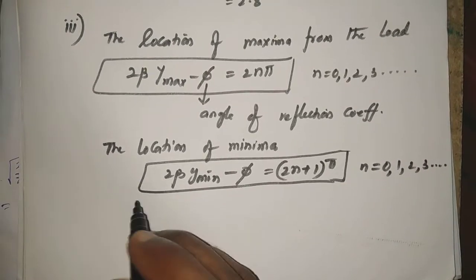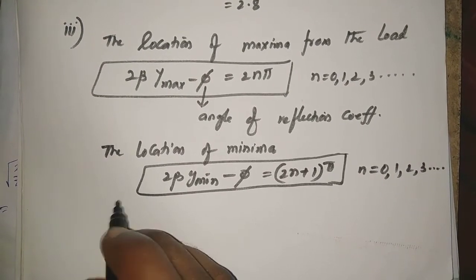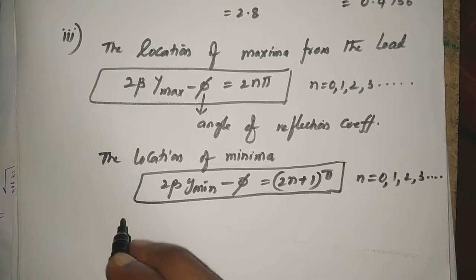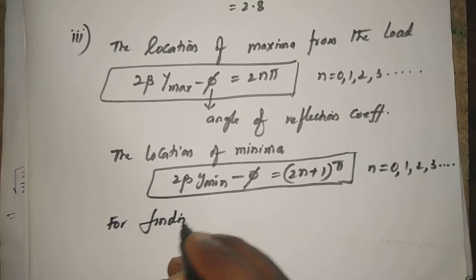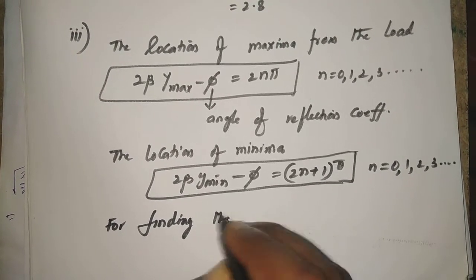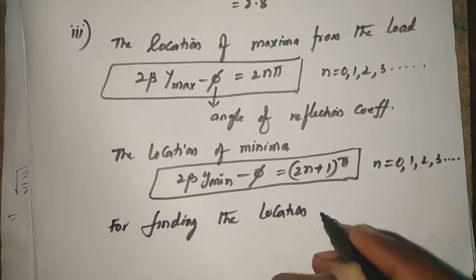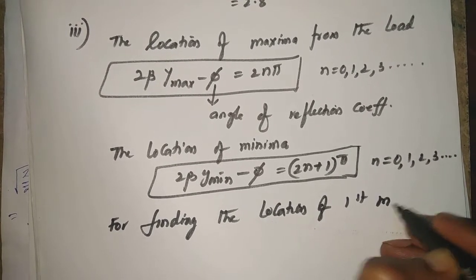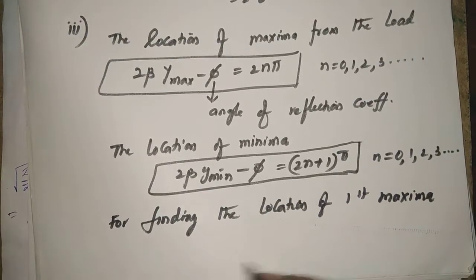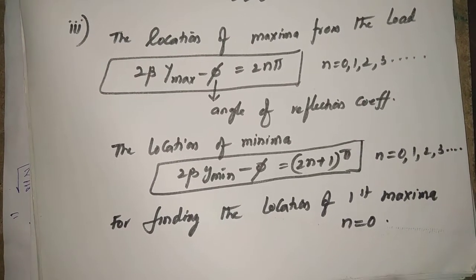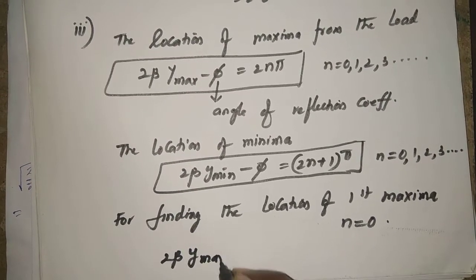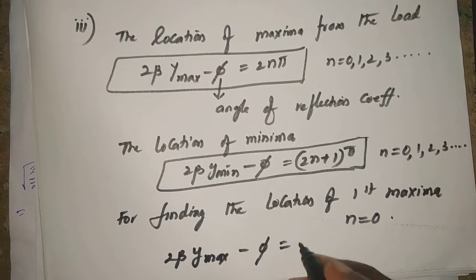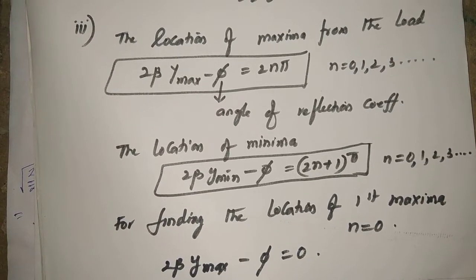For finding the location of the first maxima, the n value is 0, so 2 beta y maximum minus phi equals 0.